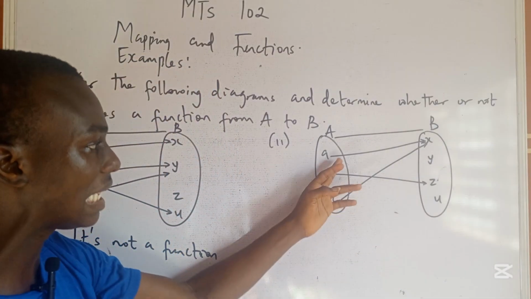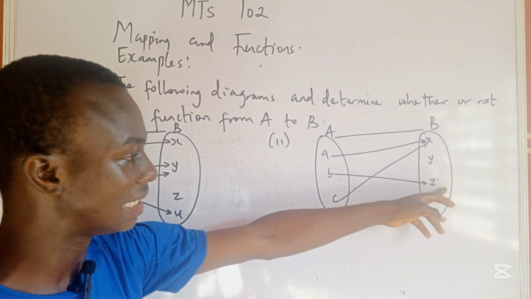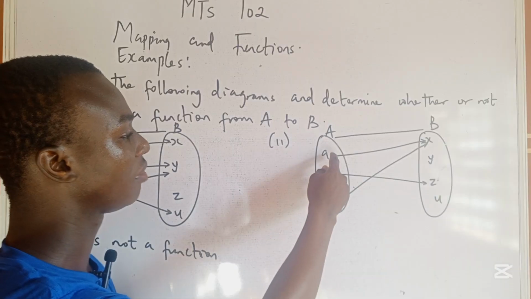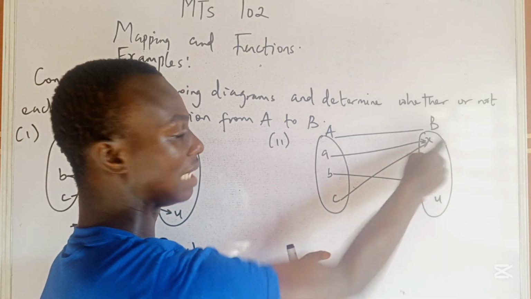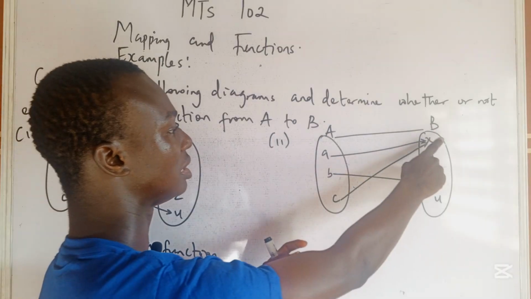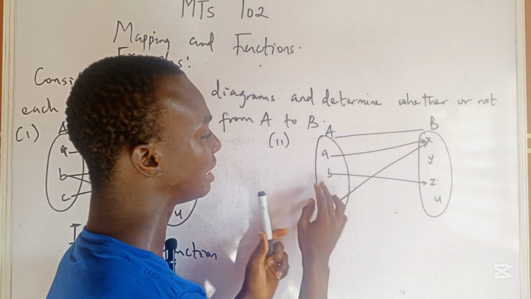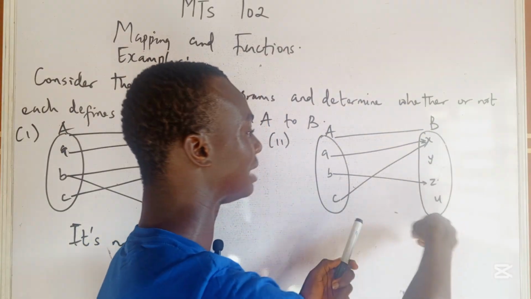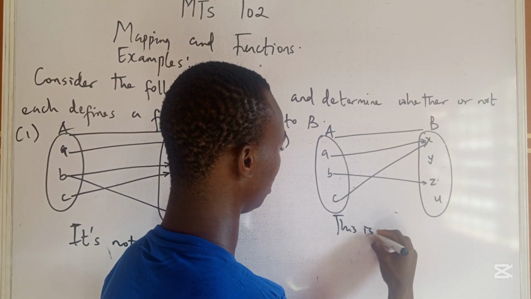You notice that A has a unique image X, B has a unique image Z, C also has a unique image X. It's not as if A is having two images or three images. A is mapped to a unique image, which is X. C is mapped to a unique image, which is X here. So, because each of the elements in the domain maps to a unique element in the codomain, therefore, this is a function.